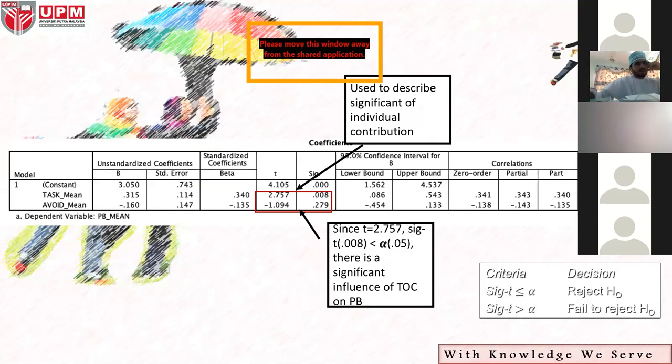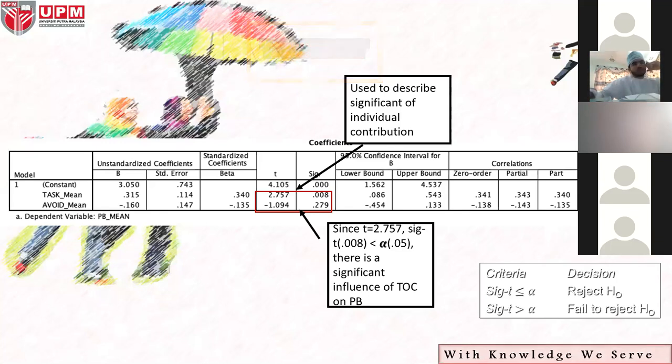In this case, for task oriented coping, the T value is 2.757 and the significant value is 0.008, so we can say that there is a significant influence of task-oriented coping on philanthropic behavior.